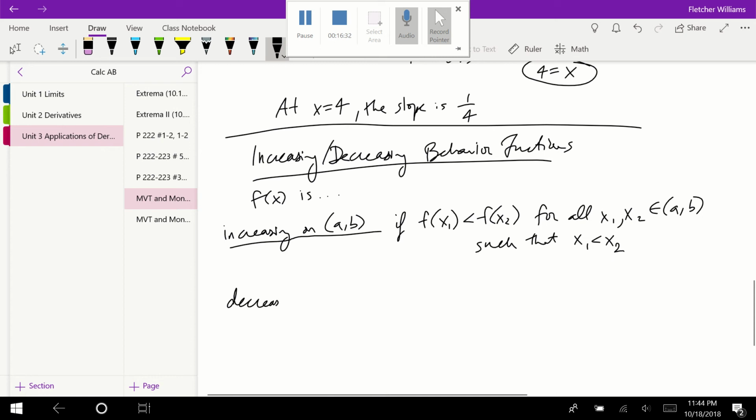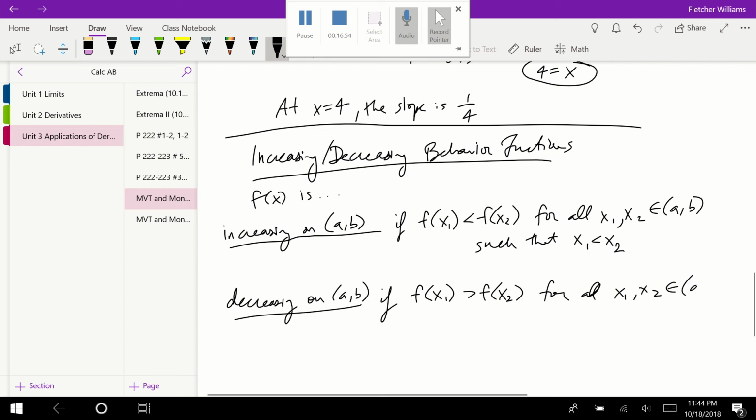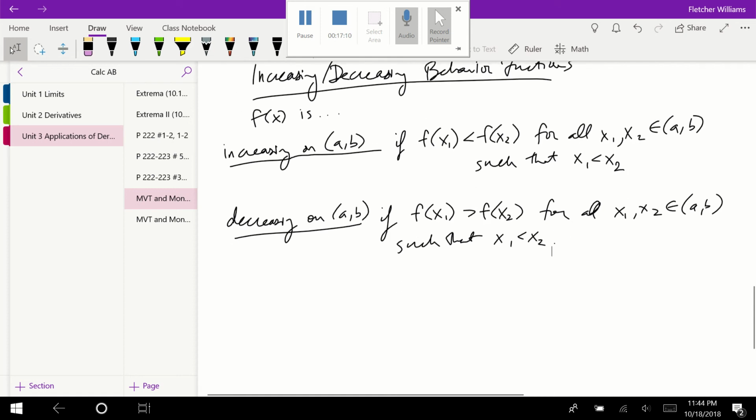Decreasing is the opposite: f(x1) is greater than f(x2) for all x1, x2. Okay. And now for this word, monotonic.